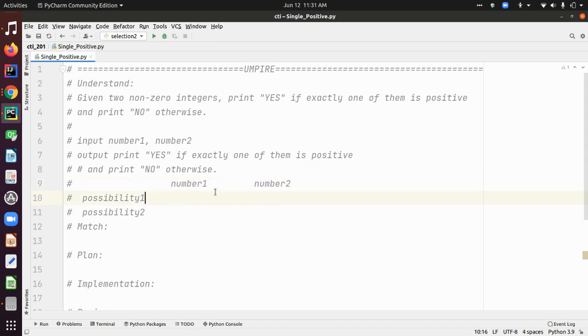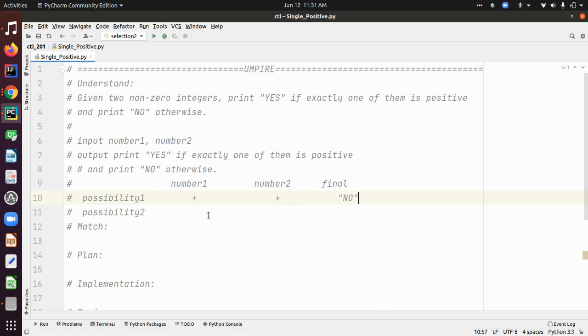So we can now write number 1 can take positive, number 2 can take positive. Positive and positive, both positive. So the final outcome is actually no.